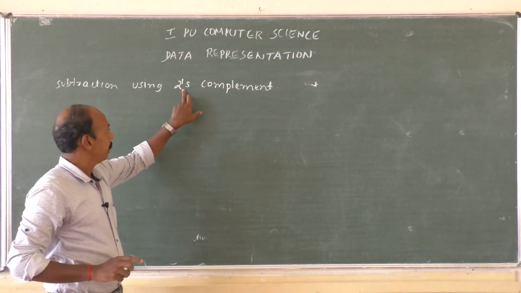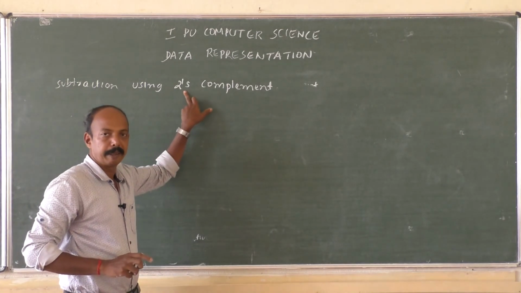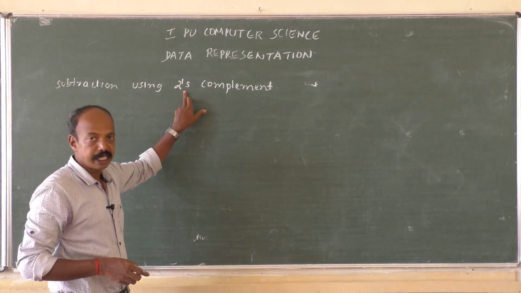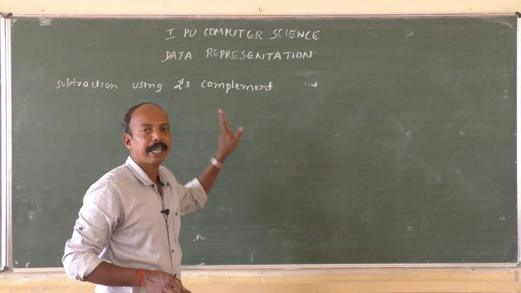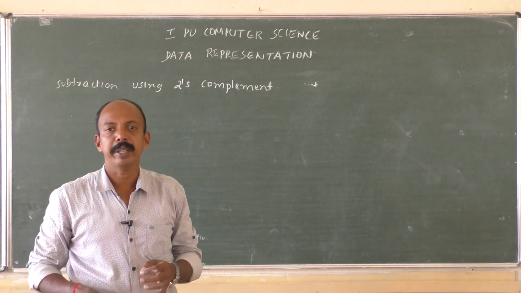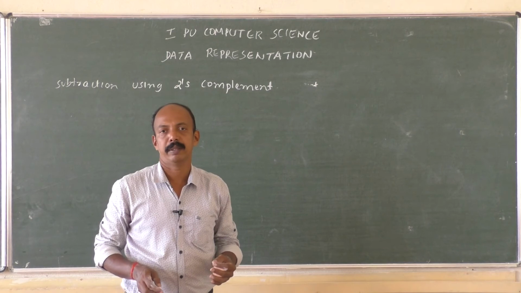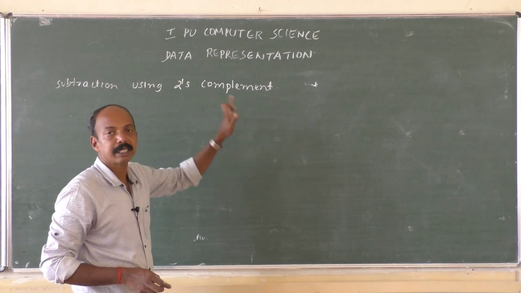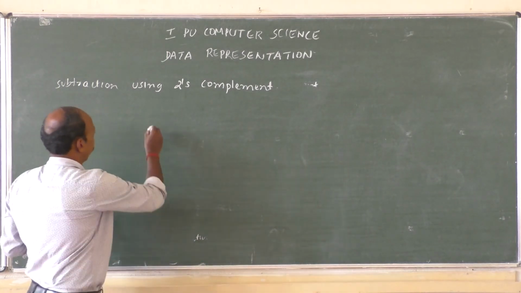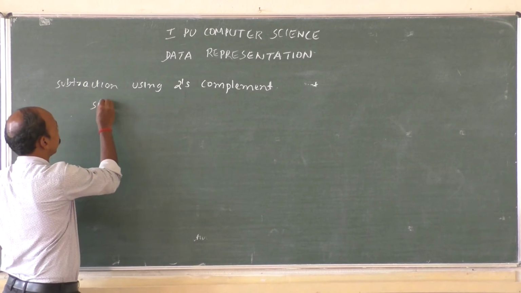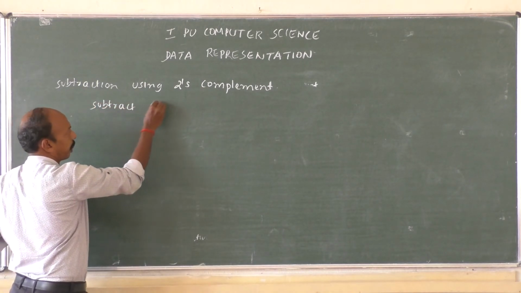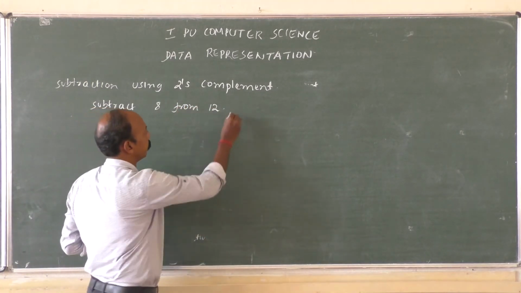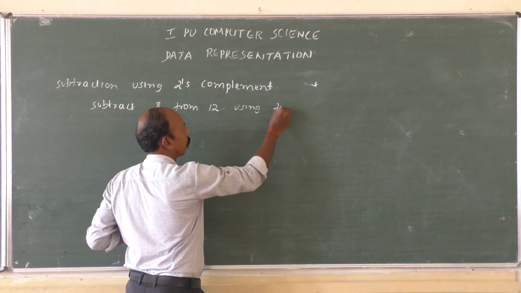In the previous case, it was using 1's complement, where we took the 1's complement of the subtrahend. Now we have to take the 2's complement of the subtrahend. If it is given like this: subtract 8 from 12 using 2's complement.